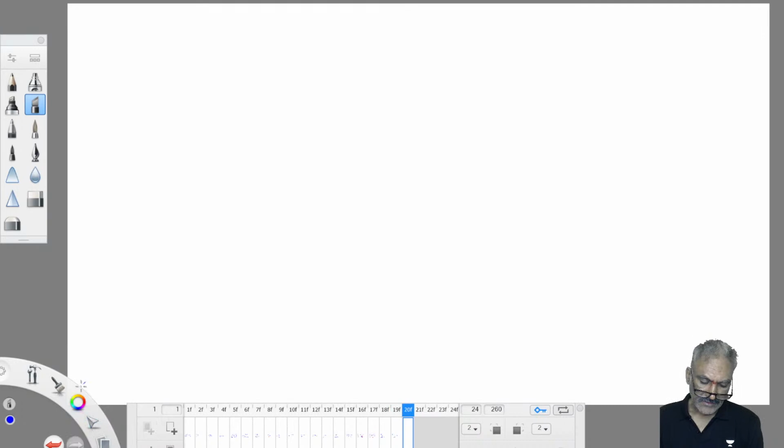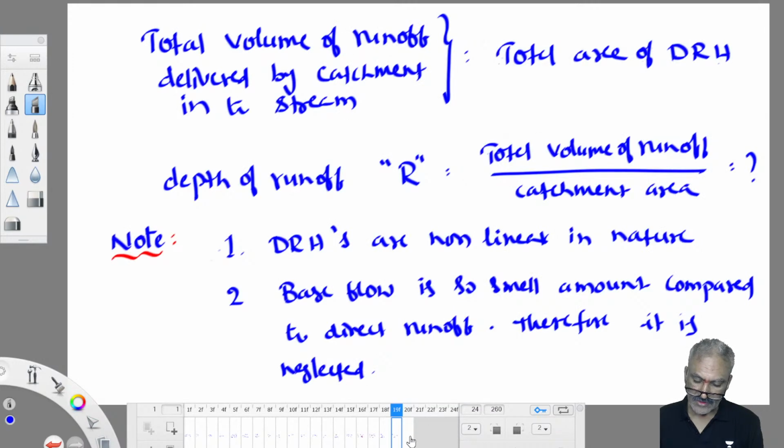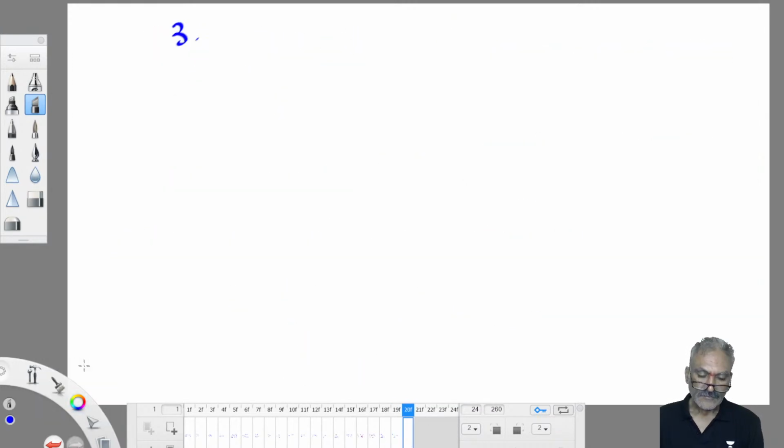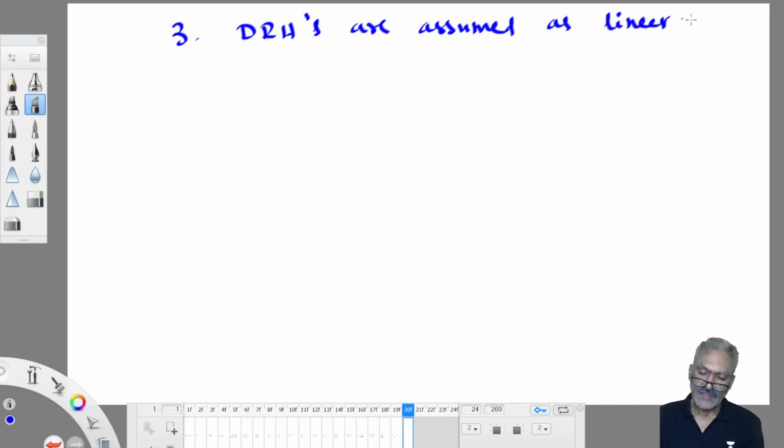And the third thing that we need to know is note 3. Note 1, note 2, note 3. Direct runoff hydrographs are assumed as linear for our comfort and convenience to measure area under them.